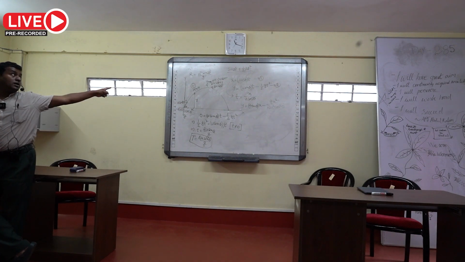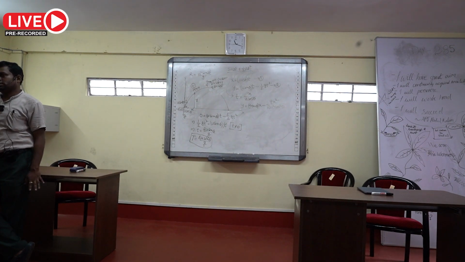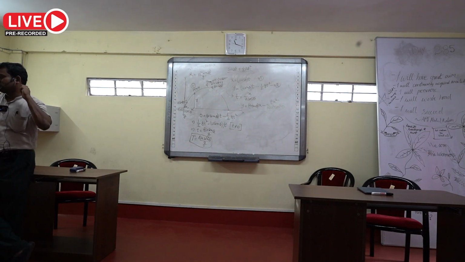For this you have to use the formula for range. First one is theta equal to 30 degree, next theta equal to 60 degree. Value of u is given, g is given. Calculate.